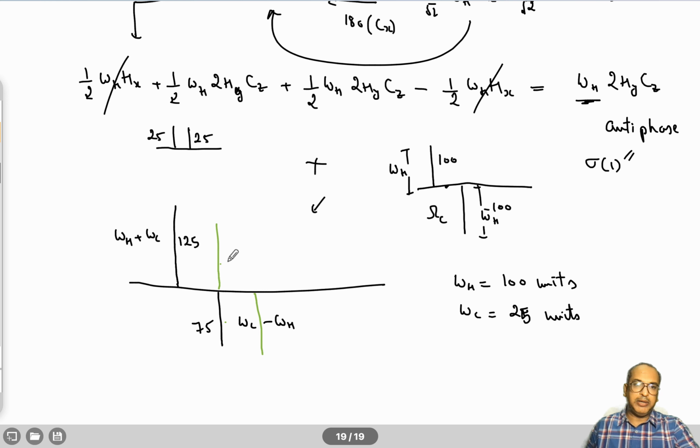Okay, so let's say this is carbon A and this is carbon B in a system like this.